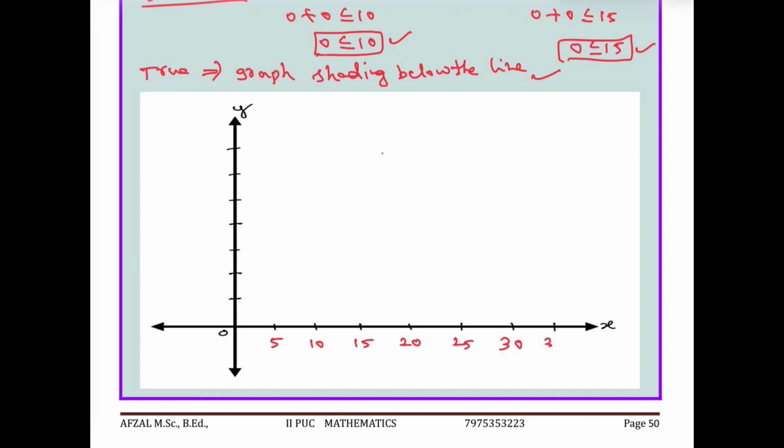To find the area of the triangle, we need one more point also. Let the point be (x, y). Then the area of the triangle becomes 0. Then we can find the equation of the line.